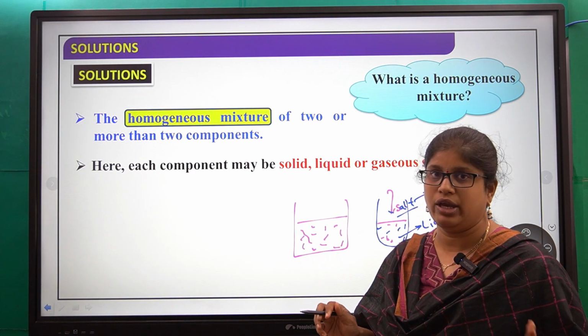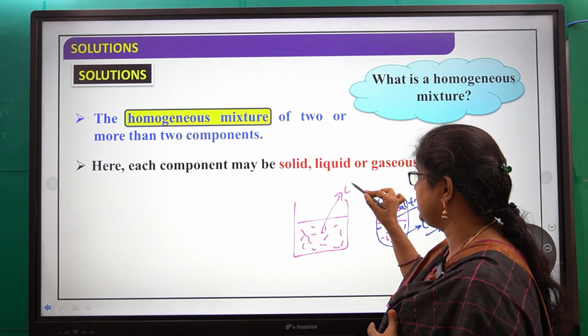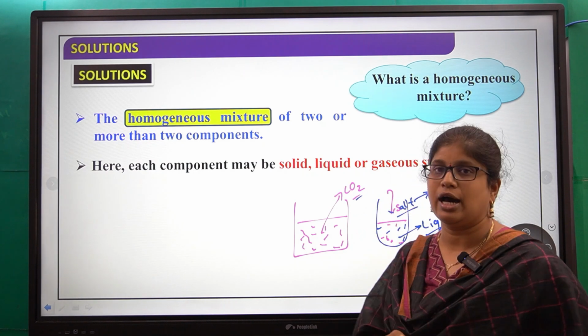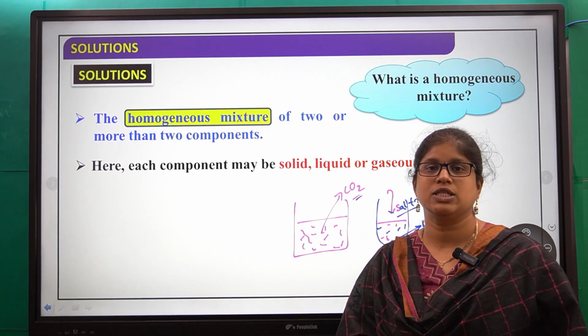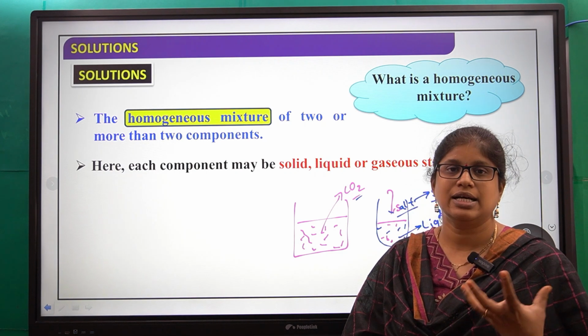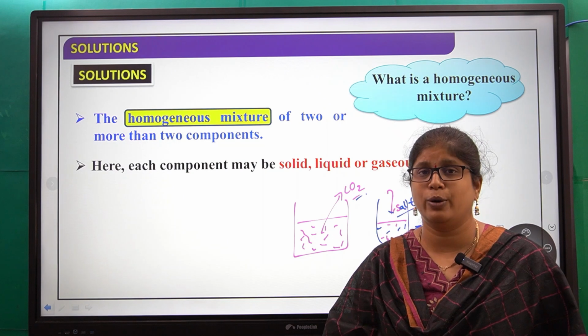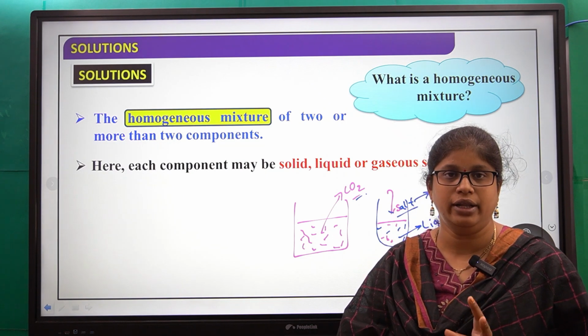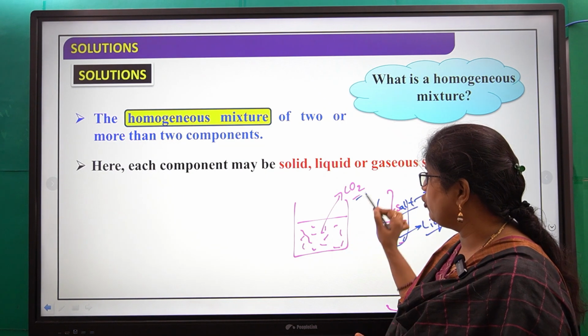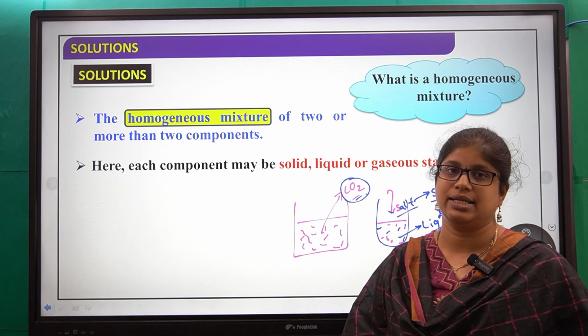What is that gas? We all know that is carbon dioxide gas. Even cool drinks like Sprite contain carbon dioxide. That is called carbonated water.